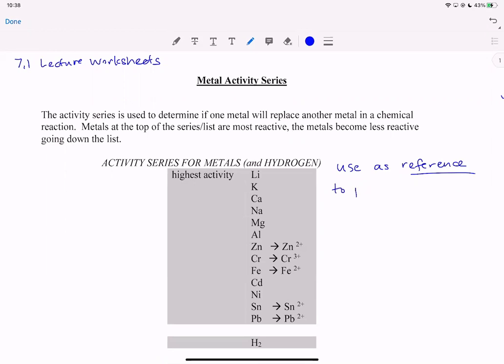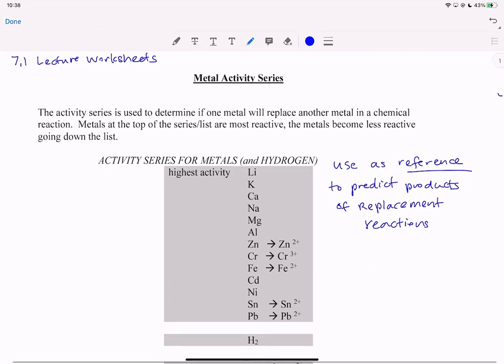So this is going to be predicting products of what are called replacement reactions. So these are called single replacement reactions when one metal will replace another metal. And so this is called the activity series.